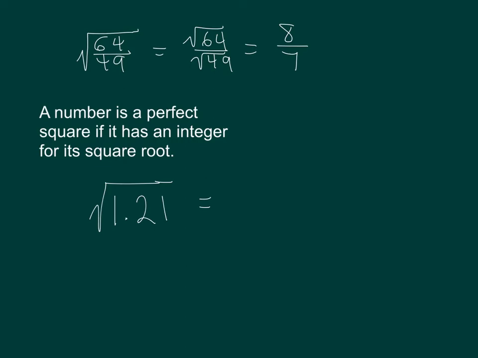If we were to ask you what the square root of 121 was, the answer would be 11. So if we're asking you for the square root of 1.21, well, it's just going to be 1.1. Okay? So take out the decimal at first and think of what the square root of the number would be without the decimal, and then add the decimal back in before you complete the problem.